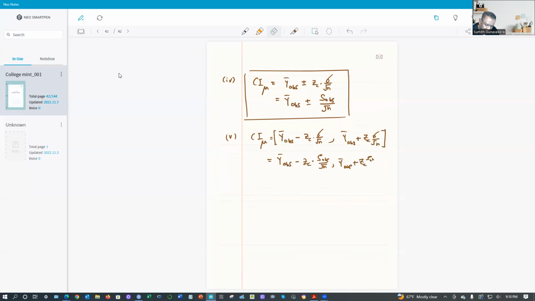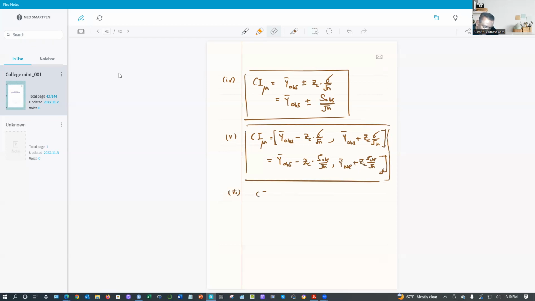Still the same either way. Like that, if you want, you can write brackets like an interval.